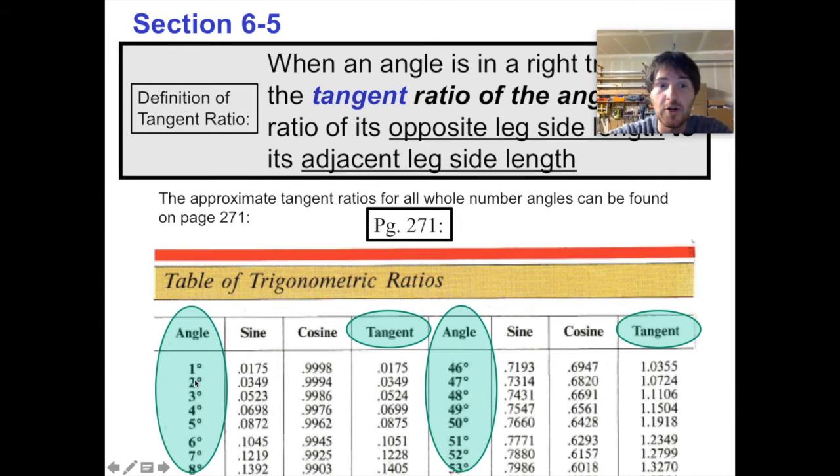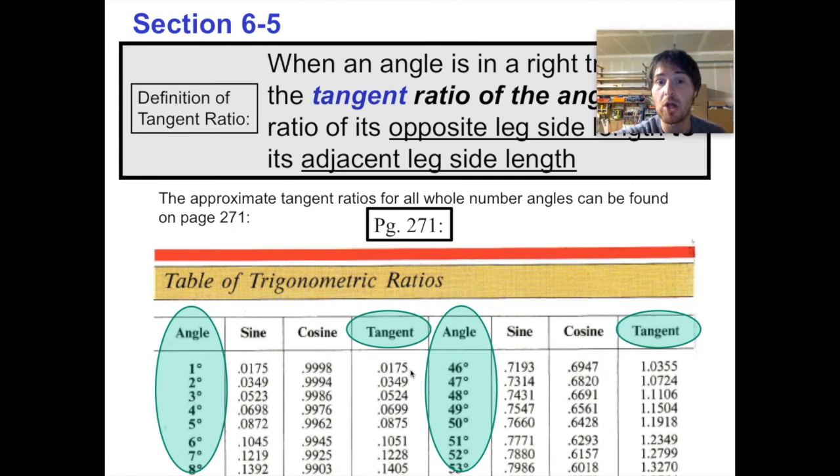And here for a 2-degree angle, for instance, the tangent ratio is 0.0349. So that means if I had a 2-degree angle, the opposite side would be 0.0349 to 1 compared to the adjacent side here. It would be about 3.5% as large as the adjacent side.